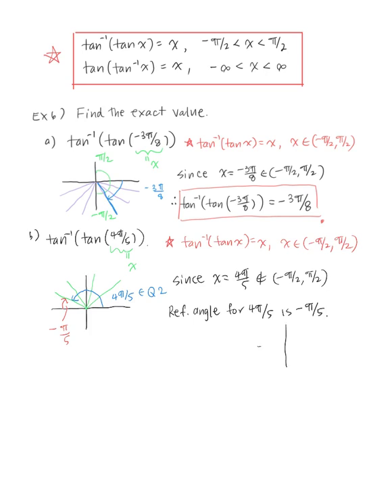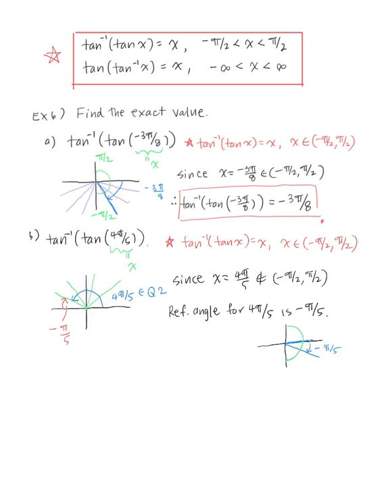You're always going to start out from the initial side, and then you're going to revolve negative pi over 5 units from there. So that will be negative pi over 5, and it is between negative pi over 2 and pi over 2.